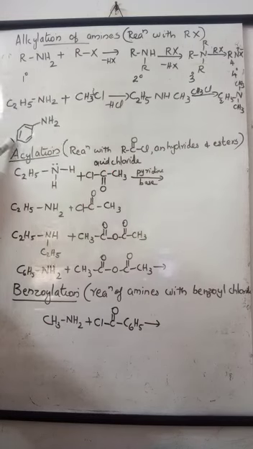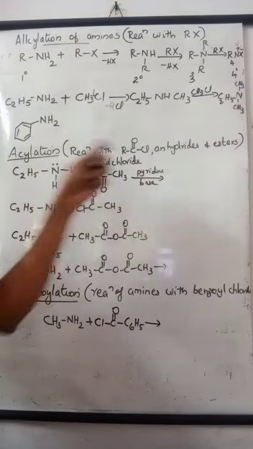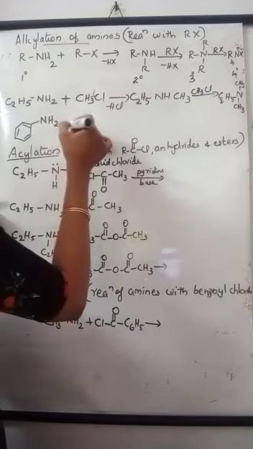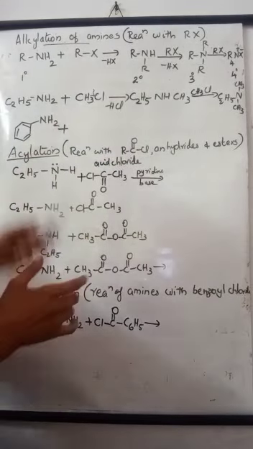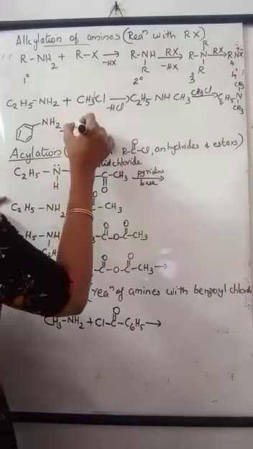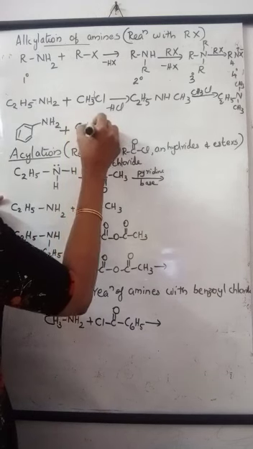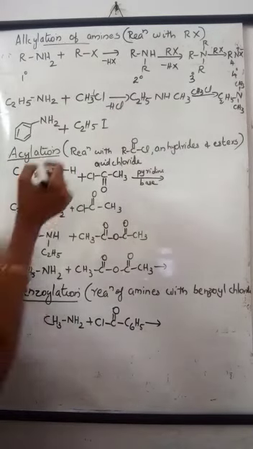Similarly, aromatic primary amines can be converted to secondary and tertiary amines by reacting with a suitable alkyl halide. If you want to prepare N-ethylaniline, we need to use ethyl halide, let it be C2H5 iodide.